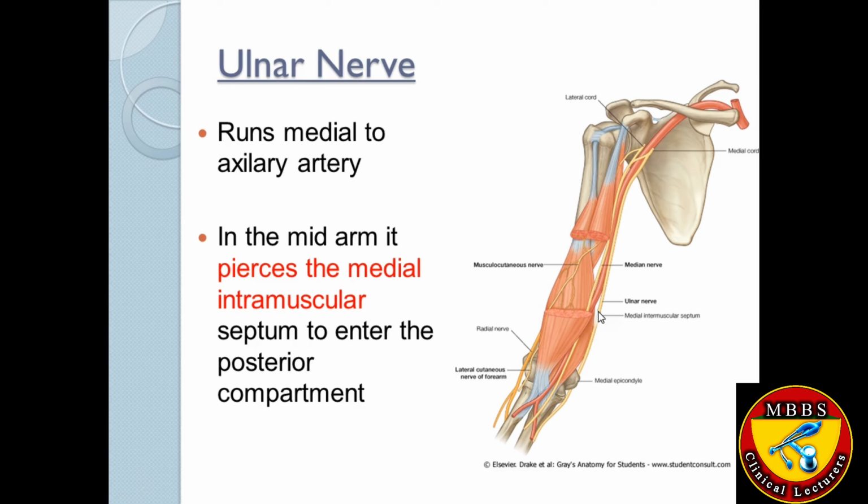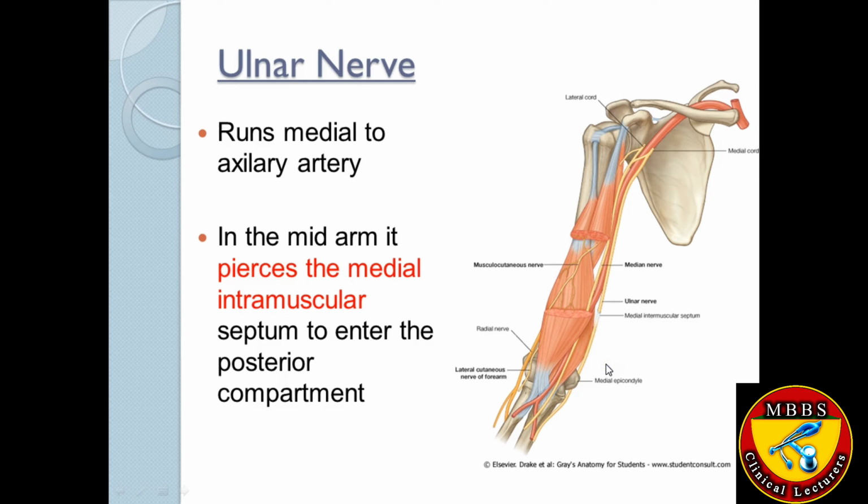What it does, it runs backward, it runs into the posterior compartment. In the mid-arm, it pierces the medial intermuscular septum and enters into the posterior compartment, and you can see in the figure, it is running just behind the medial epicondyle of the humerus.